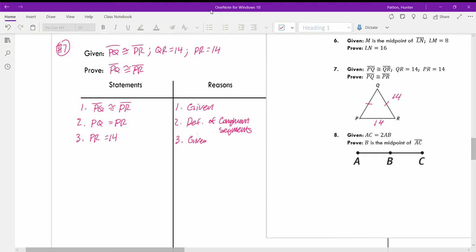So I don't really have to say my givens in order. If PR is 14, but PR is also equal to PQ, by transitive or substitution, PQ has to be equal to 14. Lastly, what I'm trying to show is that PQ and PR are congruent.